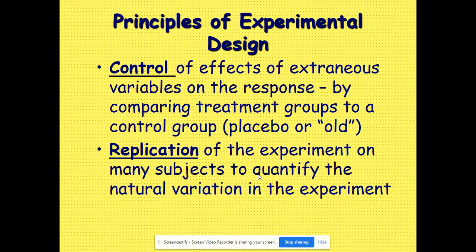Now, in life, are things always going to be exactly the same? No. So if you repeat it on enough individuals, you're expecting a little bit of variation, but that little bit of variation will not stand out as much. Like if I'm grabbing people for height, I'm going to get a couple of short people, but it's still going to balance out, as opposed to if I only took 3 people and I got one who was really short, that would really throw things off.